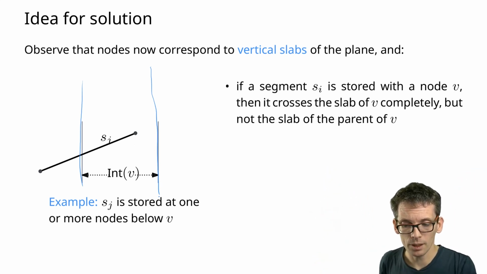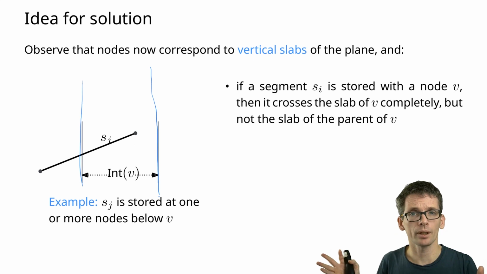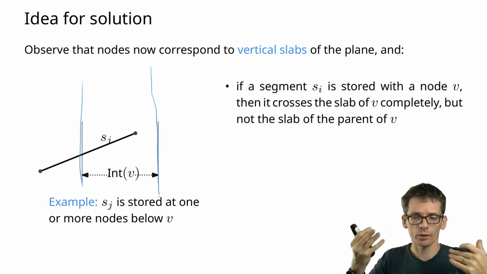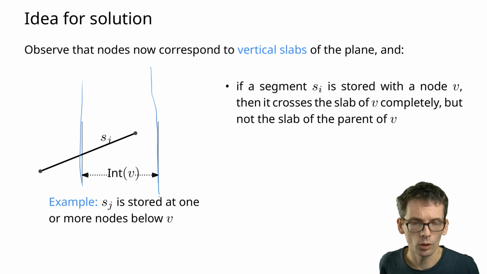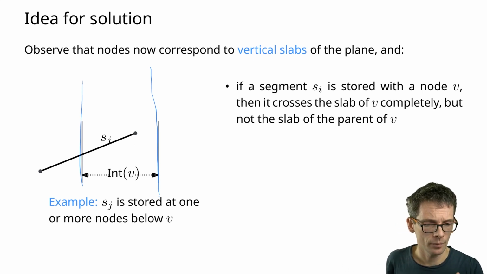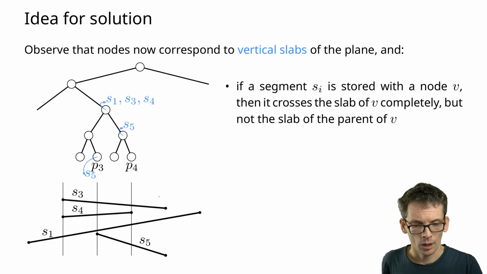So for example, this Sj here does not cover this interval completely, so that wouldn't be stored here. That would be stored at some node further down the tree. But here, for instance, let's have a look at the setting here.